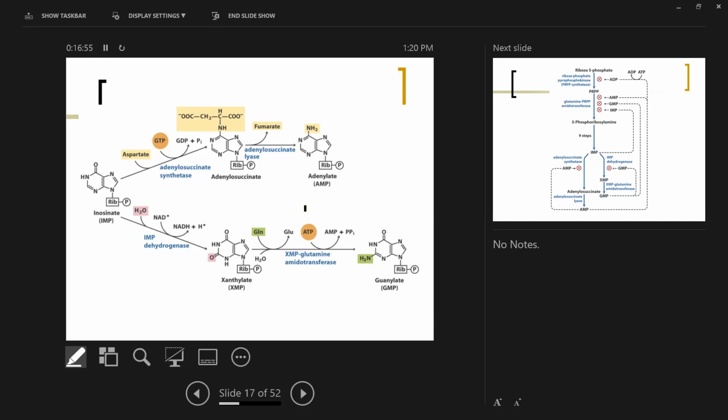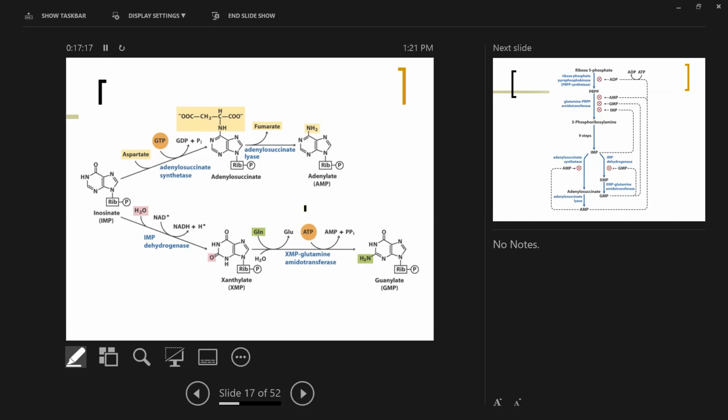For guanylate, you're going to add a ketone here. So you use IMP dehydrogenase. You add water and you oxidize. That makes xanthine. So this is xanthylate.